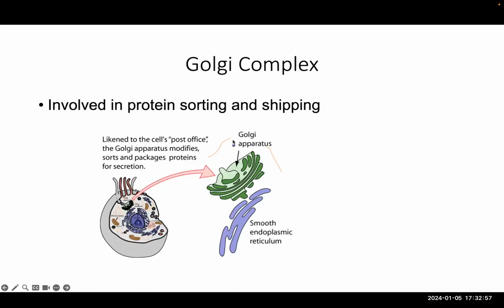Then they move on to the Golgi, and the Golgi figures out which ones need to go over here or over there. So it figures out which proteins go where, and then it ships them there.